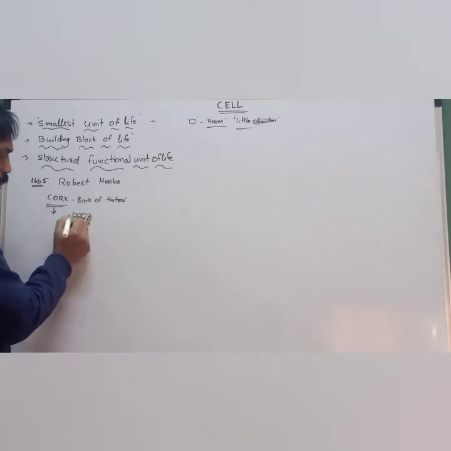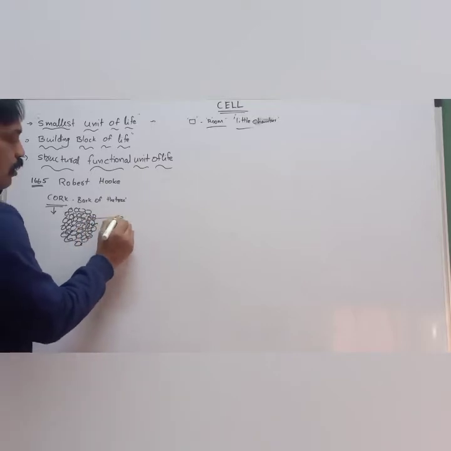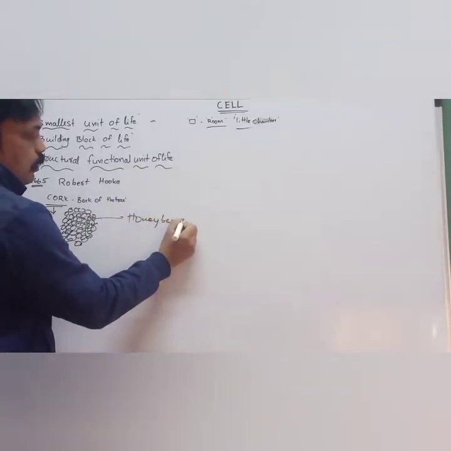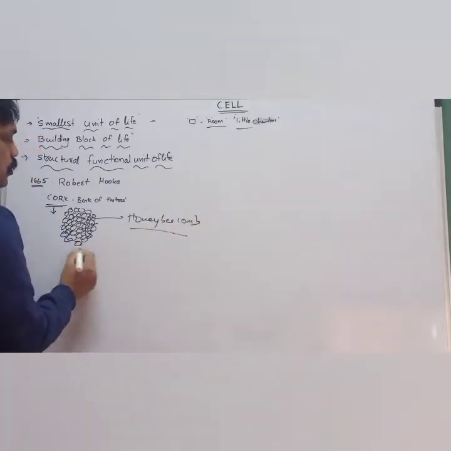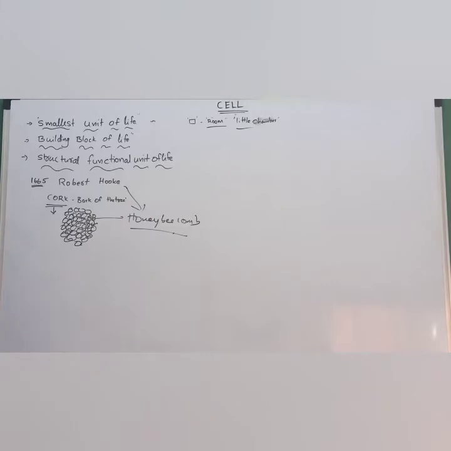He said they were just like honeybee comb-like structures. How did it look? Like a honeybee comb. Robert Hooke observed this in a cork cell.